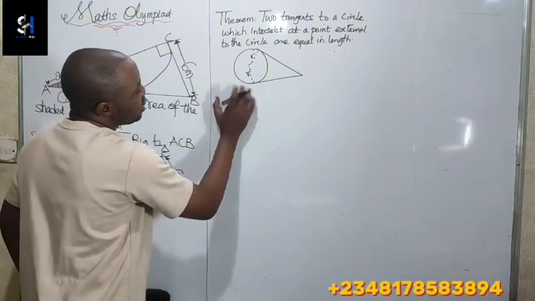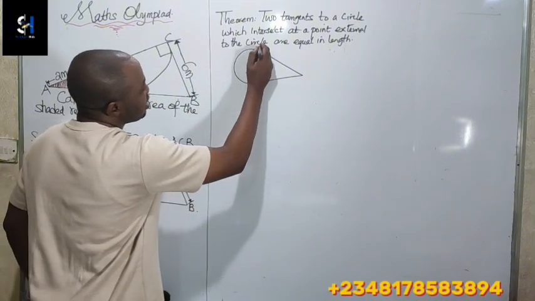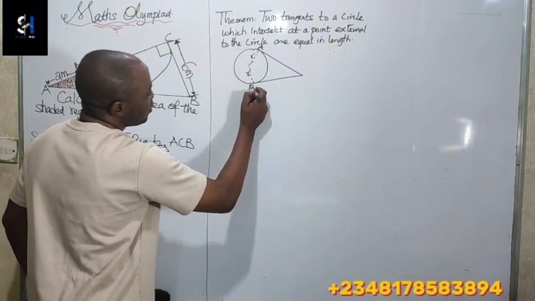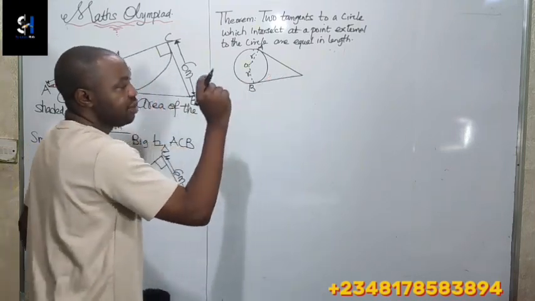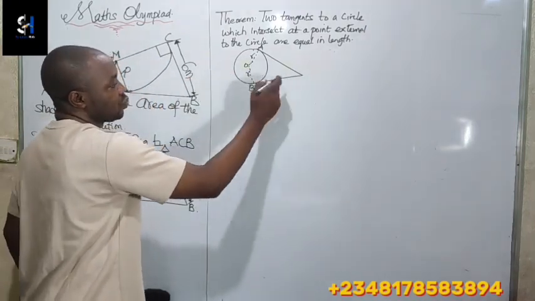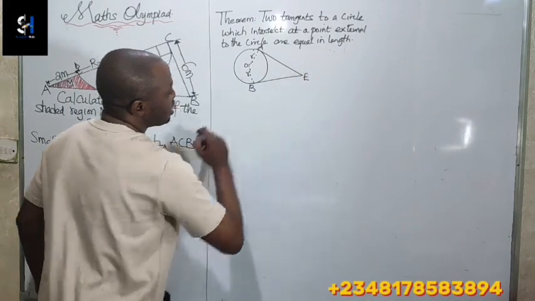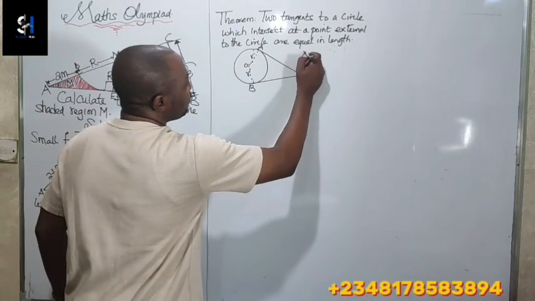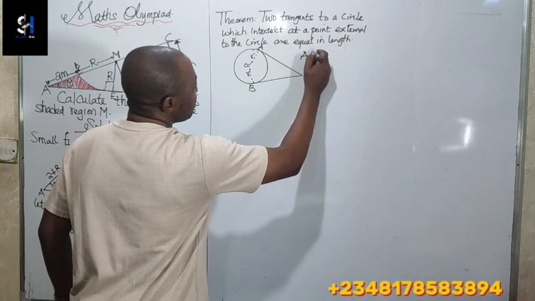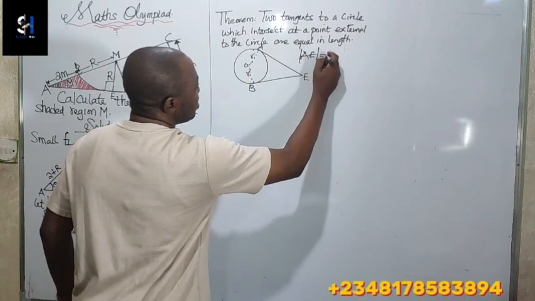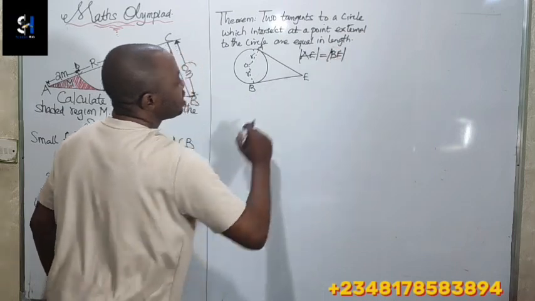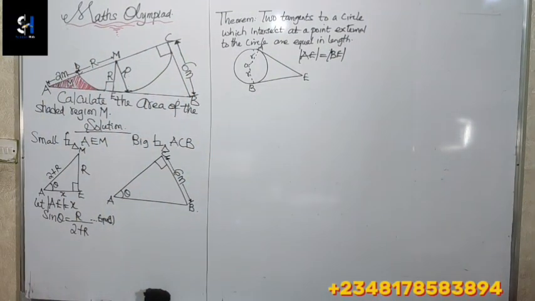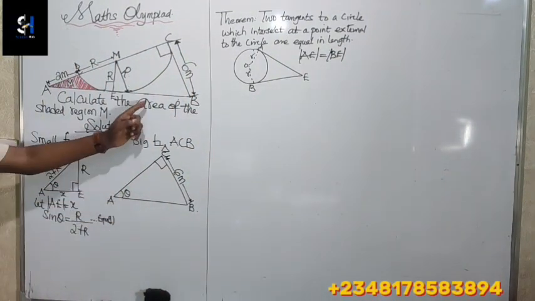But what we need here is that, let's say this is A and this is B, and they meet at a point external to the circle, and that is E. So the length of AE will be equal to the side length BE. So they are equal in length. That's exactly what we're going to apply here.